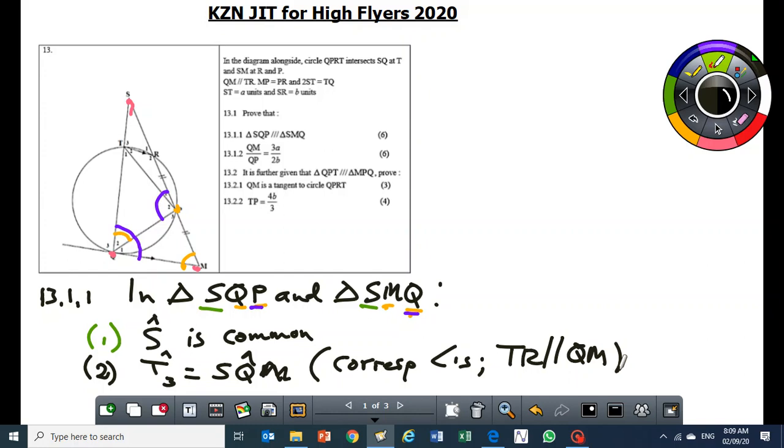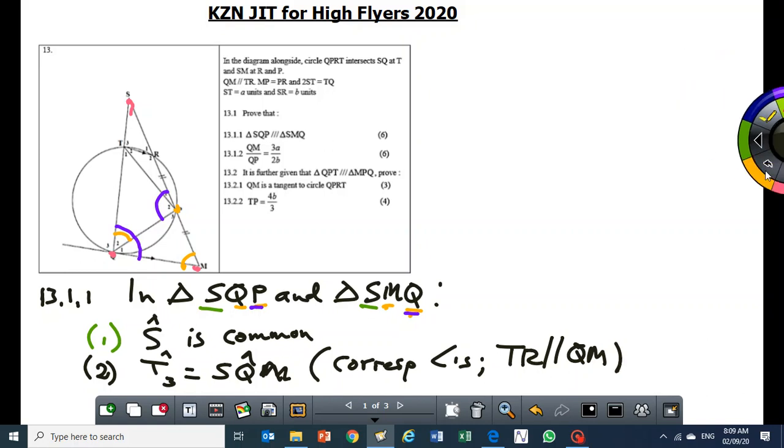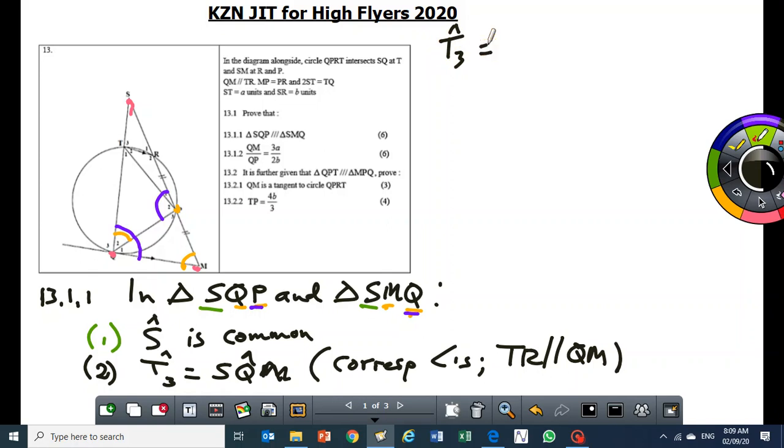Then, let me go to the next page, because I don't have enough space. But let me try to do it here. I'll just squeeze it here, but it can be on one page. Then T3 is also equal to this whole angle, which is SPQ.